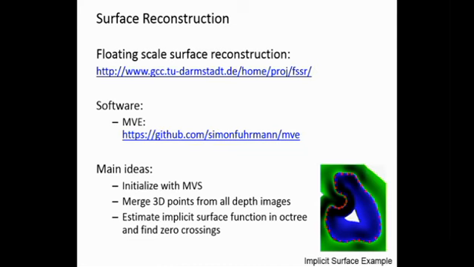The main idea of FSSR, floating scale surface reconstruction, is to use the normal and the scale of surrounding points to do a better job of creating your implicit surface function, so that in areas where you have a lot of detail, you get a sharp surface, and in areas where you don't have a lot of points, you get a smoother, large surface.